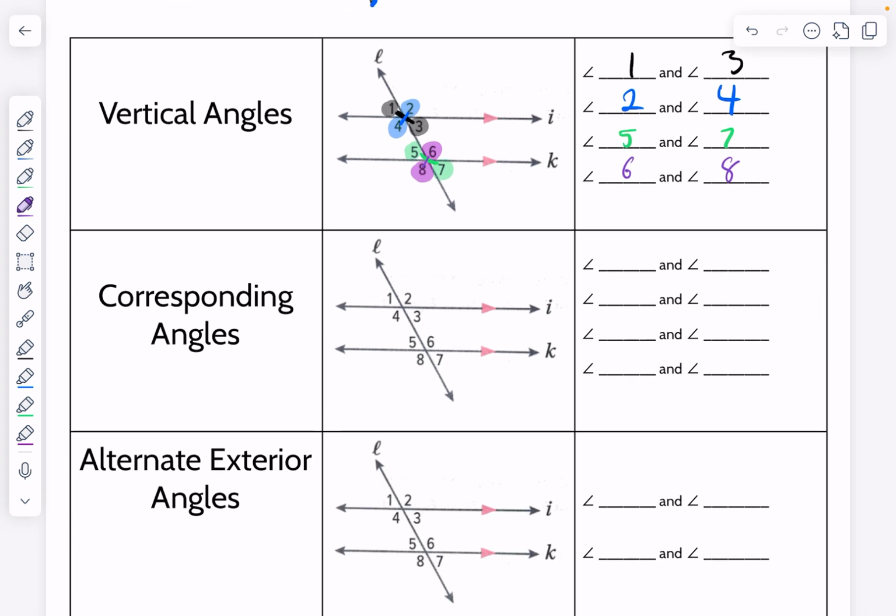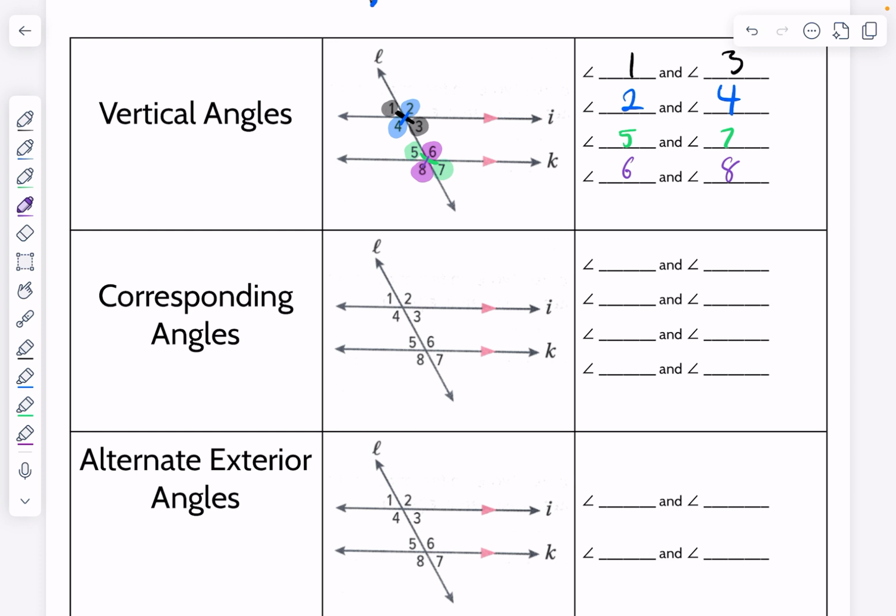Next, let's talk about corresponding angles. Corresponding angles are when you have the same angle in the same part of the parallel line, but it may be on a different line. It's in the same part, but it's in a different one.